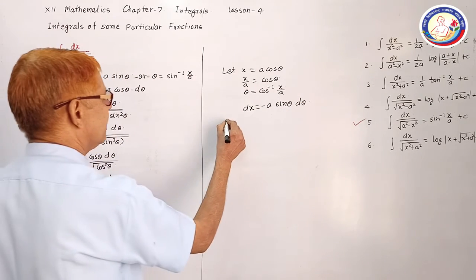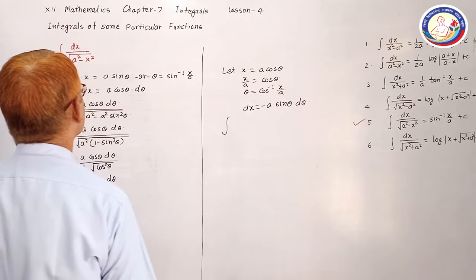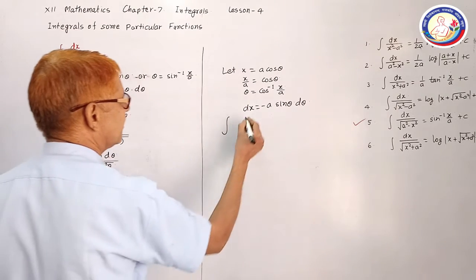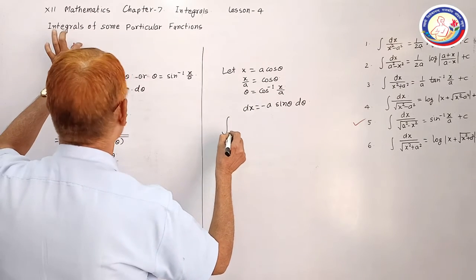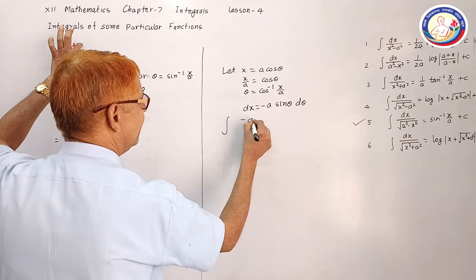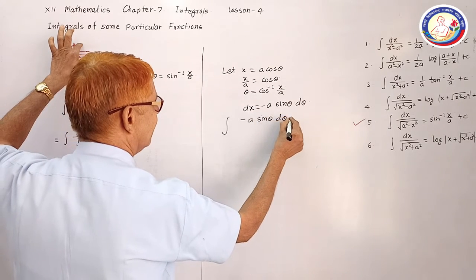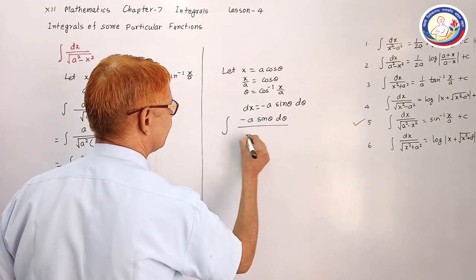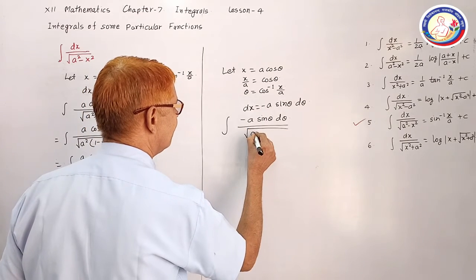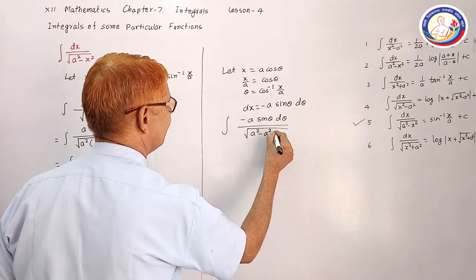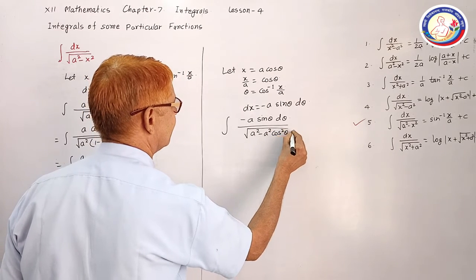Now what is the integrand here? It is 1 upon square root of a square minus x square. Put this value here. In place of dx, we will write minus a sine theta d theta. And in denominator, square root of a square, and on squaring, we will get a square cos square theta.